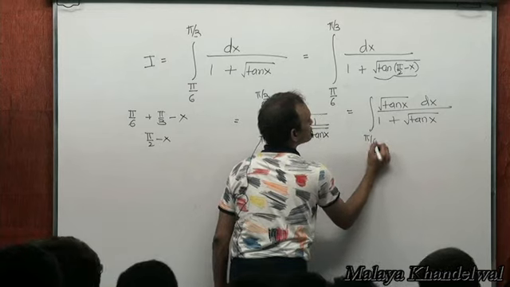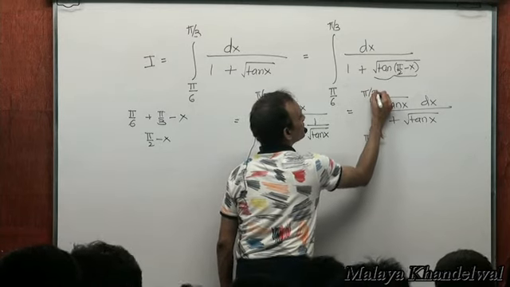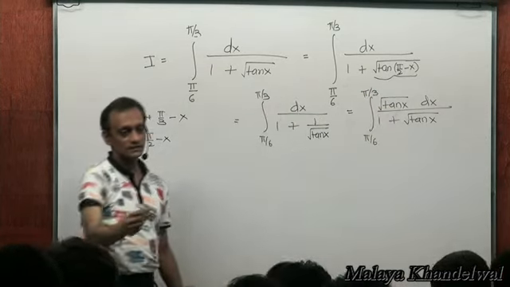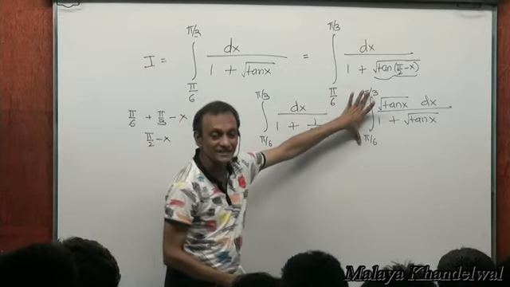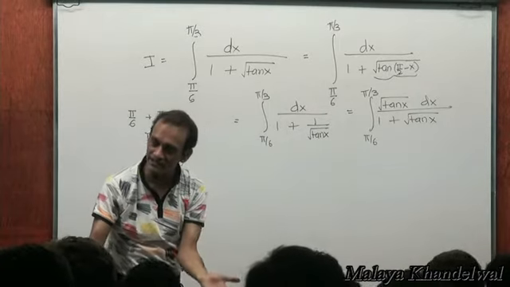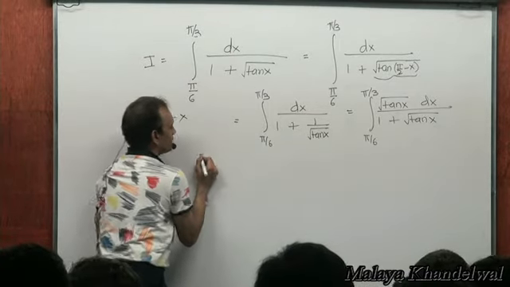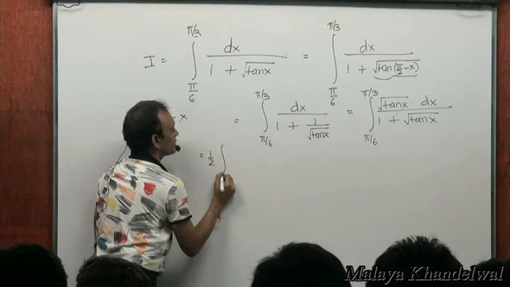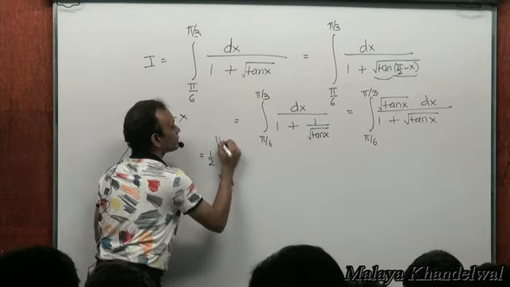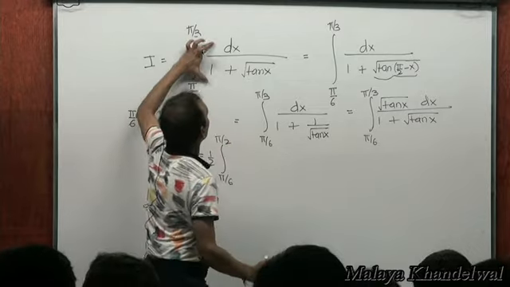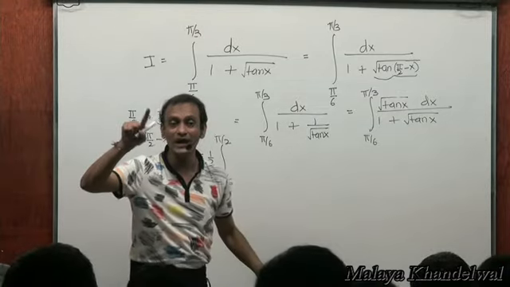Pi by 6 to pi by 3, right? Now if this is equal to this, then each will be half their sum. Each will be half their sum, pi by 6 to pi by 3, and their sum, this plus this, is 1. Do you realize that?